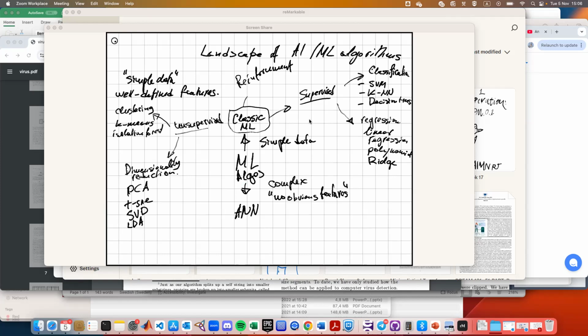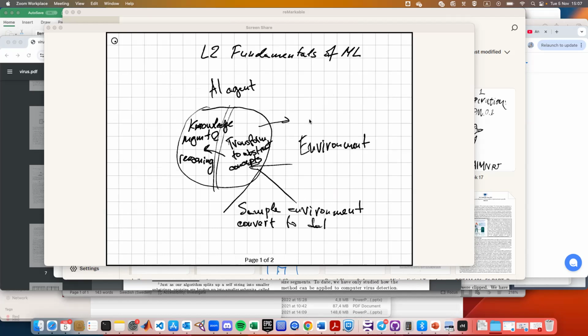One of the sayings in the ML community is that whenever you have no clue about your data, you choose artificial neural networks and hope for the best that they will identify the patterns. But they are very good tools.